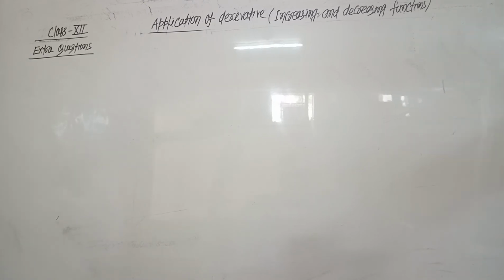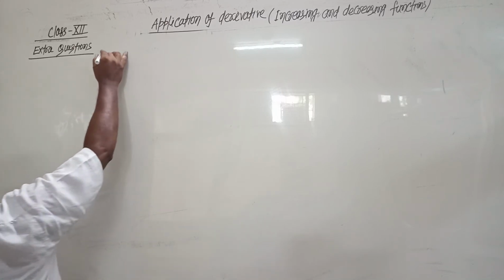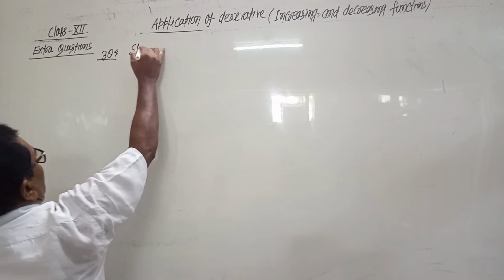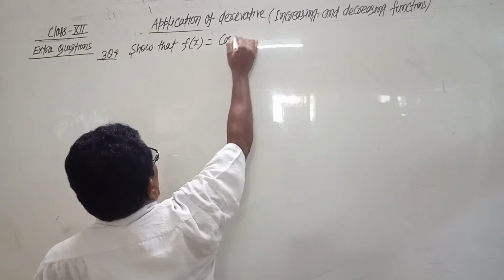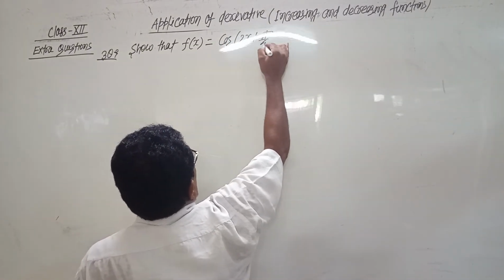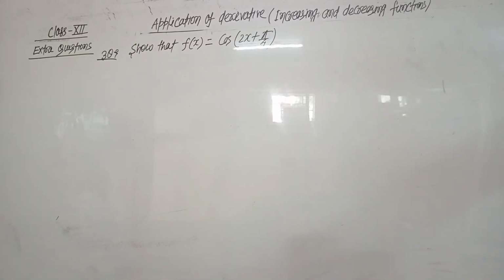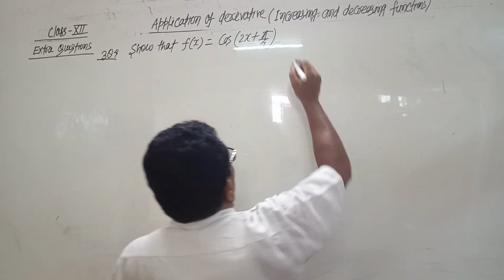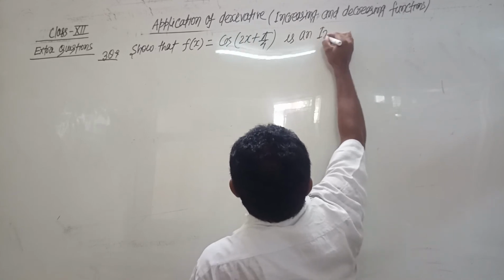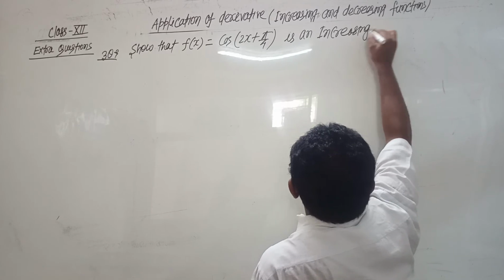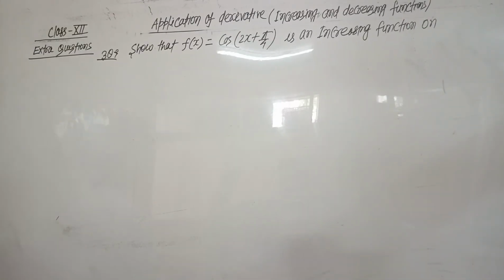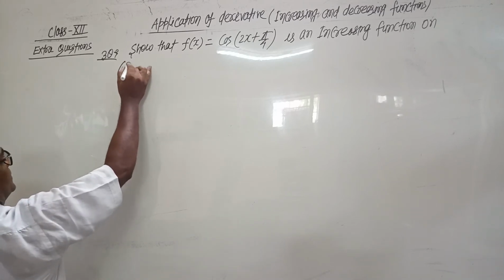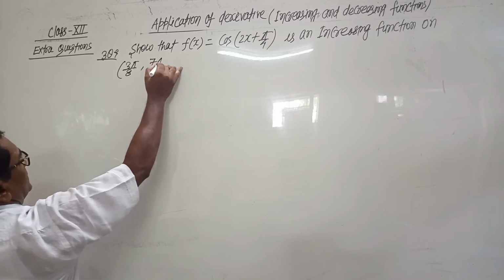Next question. Show that f(x) equals cos(2x plus pi by 4) is an increasing function on the interval 3 pi by 8 to 7 pi by 8.